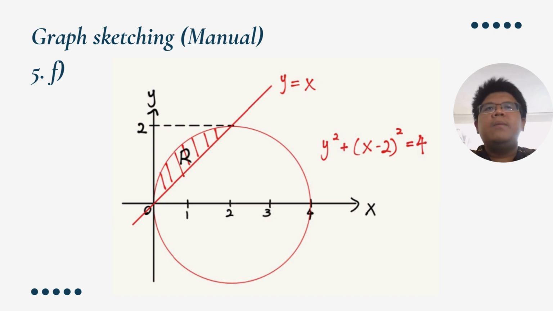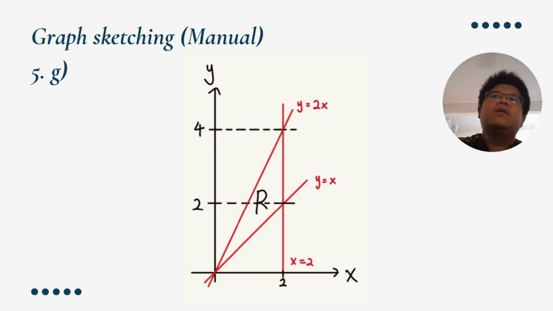The y squared plus x squared graph is the function for a circle. But since x is x minus 2 in this function, the whole circle is shifted to the right by two steps, and the central point of the circle is coordinate (2, 0).